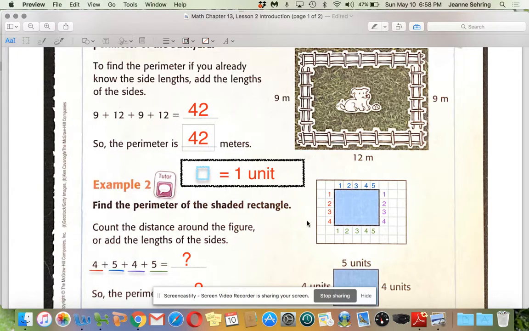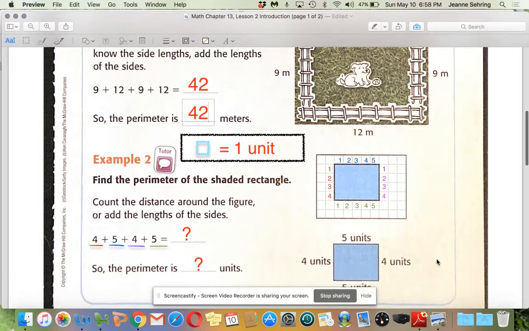Here's the number 4. On the bottom, 1, 2, 3, 4, 5 units. Here's the number 5. So if I add that all together, I have 5 plus 5 is 10, plus 4 is 14, and another 4 is 18. And in this case, it's 18 units.